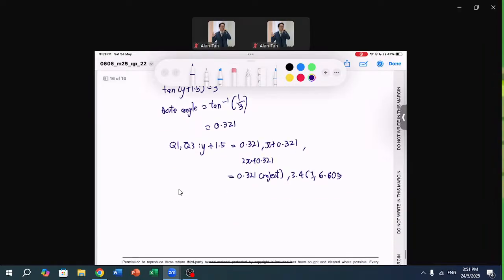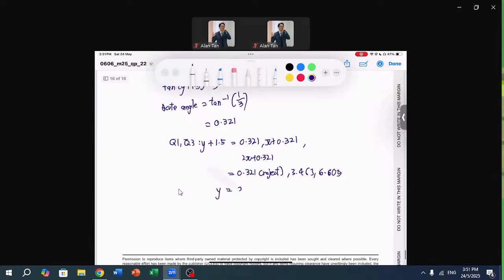Therefore, y equals 3.463 minus 1.5, 6.605 minus 1.5. I'm just going to do this that way: 1.963 and 5.105.